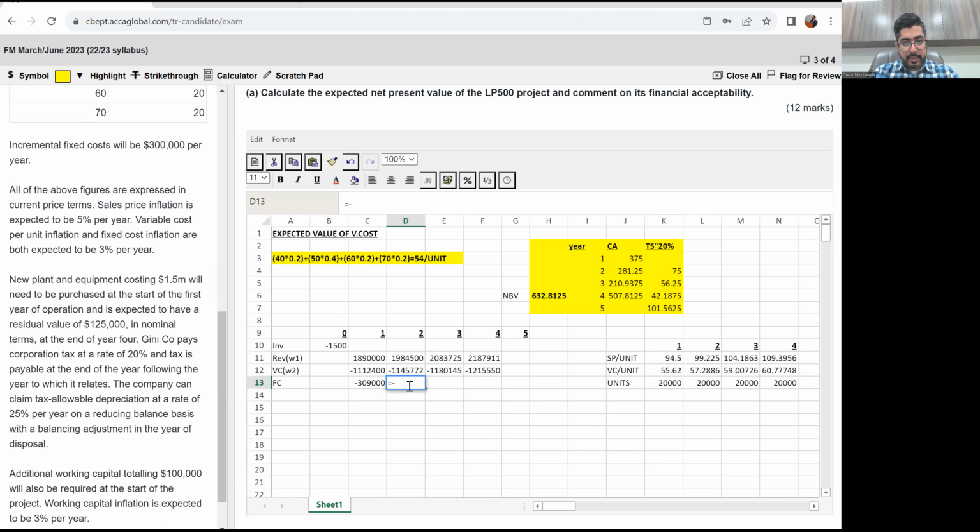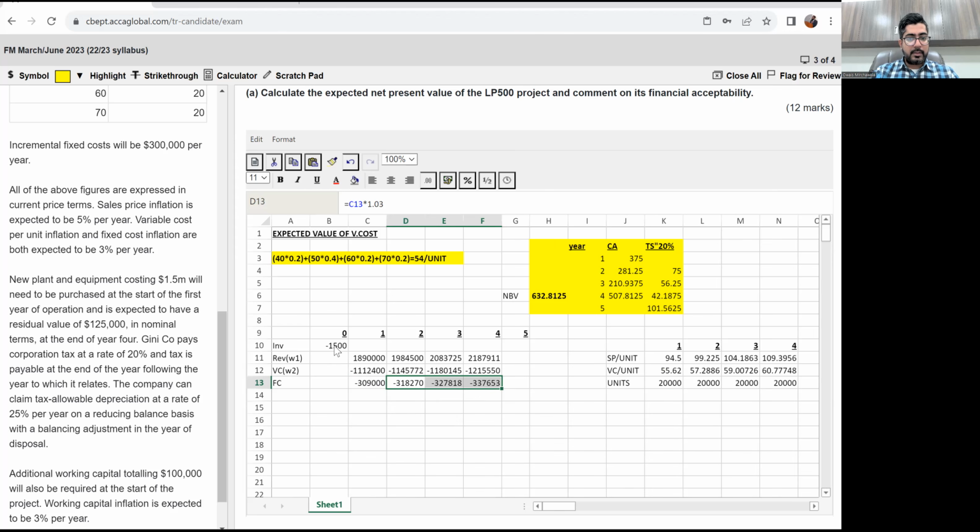Then it's negative C13 asterisk 1.03. And then you can drag it.